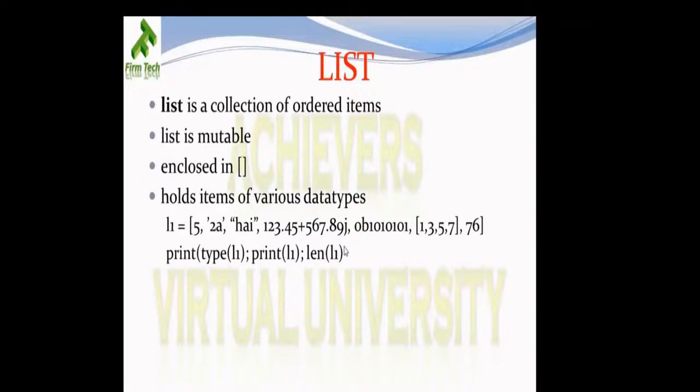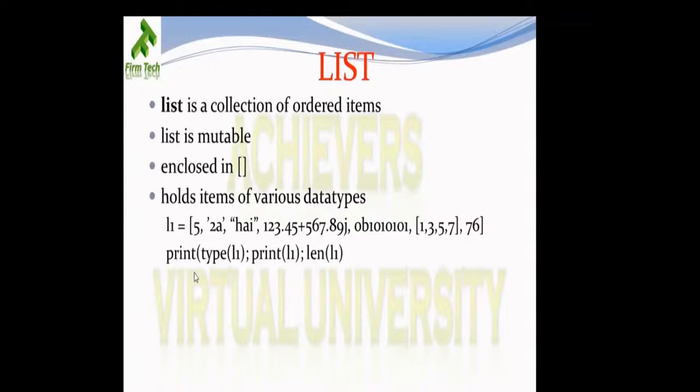So see here, this is an example of a list. L1 is the variable name assigned to the list, and the elements are 5, a string 2a, another string high, then a complex value 123.45 plus 567.89j, an integer in binary form 0b1010101, and another list also enclosed inside this list, 1357, and an integer 76.